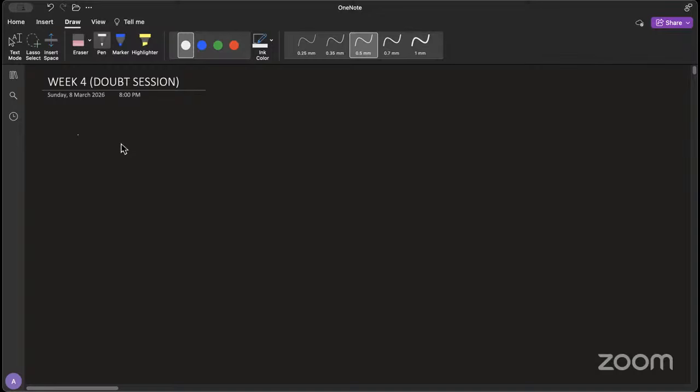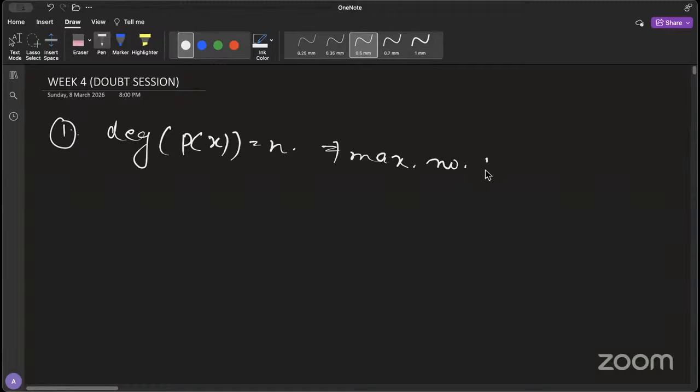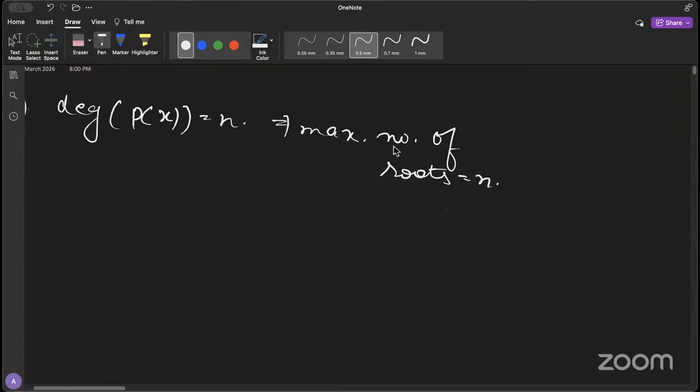Let's start with some topics that we didn't cover in the last summary session. So first is multiplicity of zeros. When you have a polynomial, let's say it's an n degree polynomial, then the maximum number of roots it can have is n, and by roots we mean the real roots.